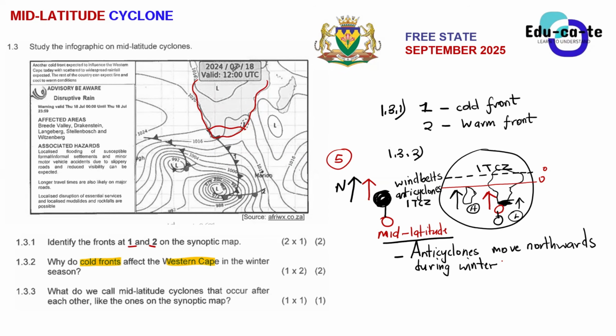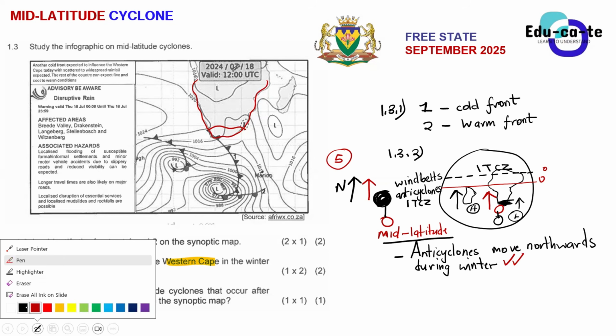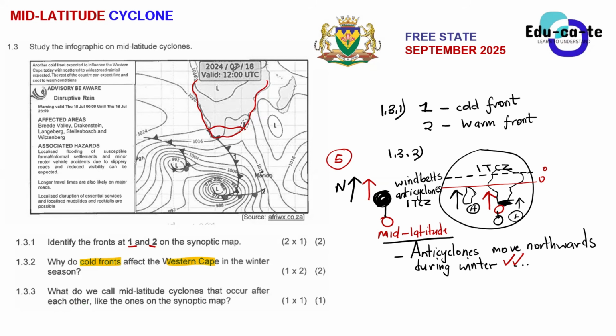Okay, sir. So it is 1 for 2 marks, of course. And then you're going to elaborate. Please, finish the statement here: anticyclones move northwards during winter, therefore resulting in the mid-latitude cyclone also moving northwards, affecting the Western Cape.